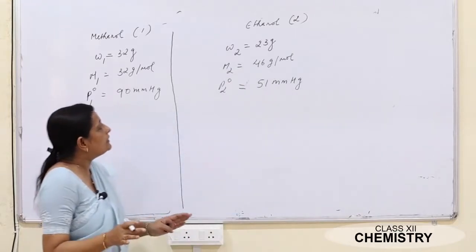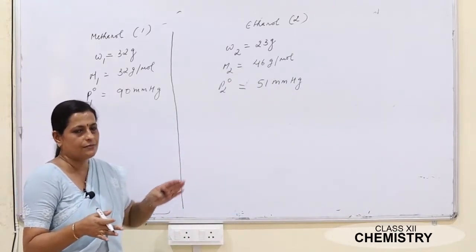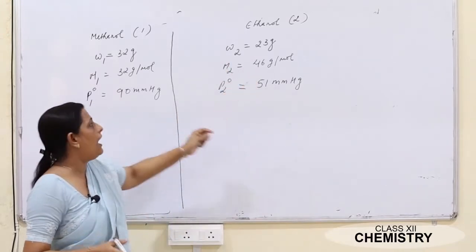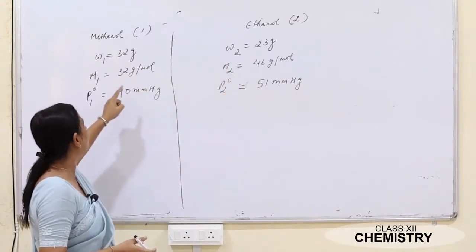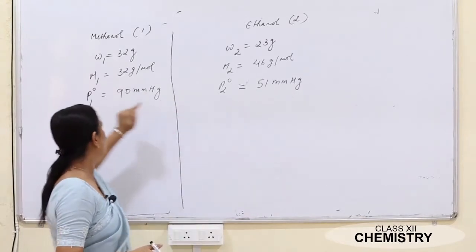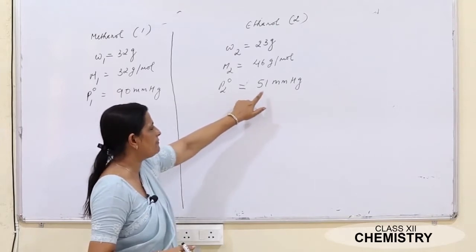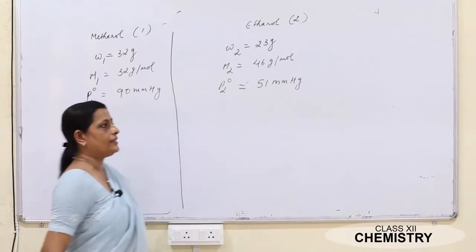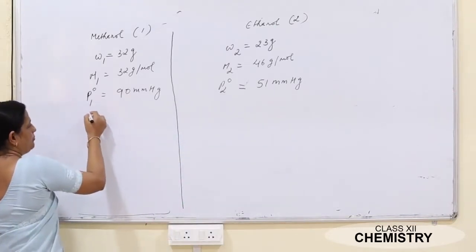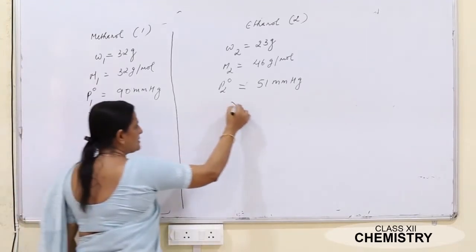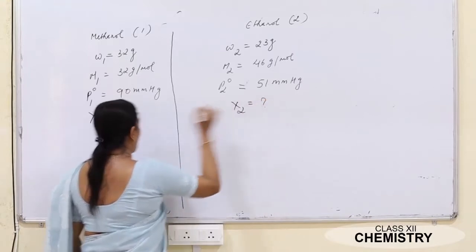So it's clearly given that 32 gram of methanol is mixed with 23 gram of ethanol at 300 Kelvin, and the pure vapor pressure of methanol and ethanol is given. Methanol is given 90 mm of mercury and ethanol is given 51 mm of mercury. And they are asking you to find out the mole fraction of the components. So you have to find out x1 and x2.